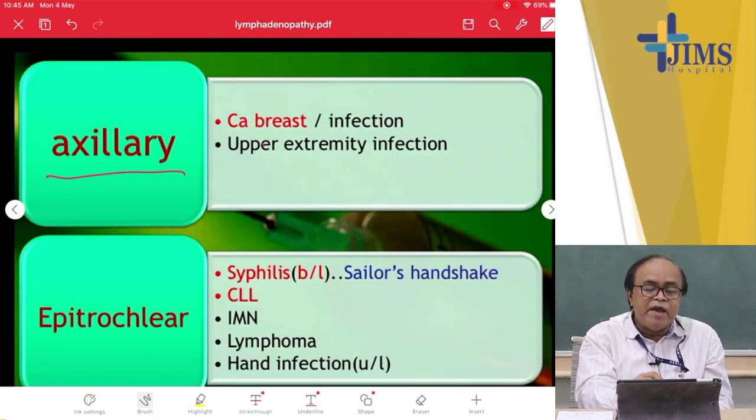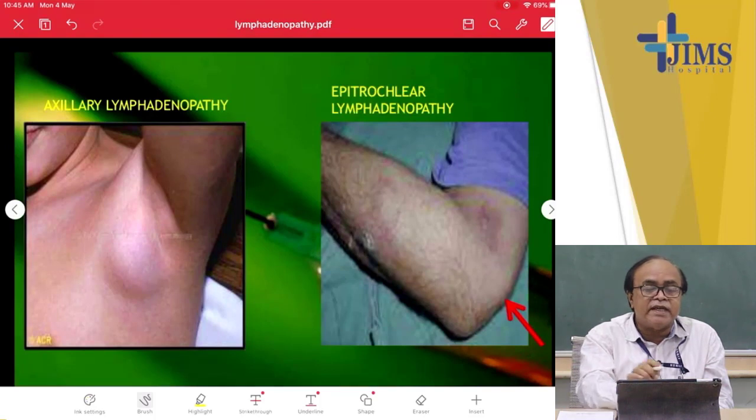Then you may get epitrochlear in the forearm. The cause may be syphilis. There you will get bilateral lymph nodes. Chronic lymphatic leukemia, infectious mononucleosis, lymphoma, hand infection, unilateral or same side.